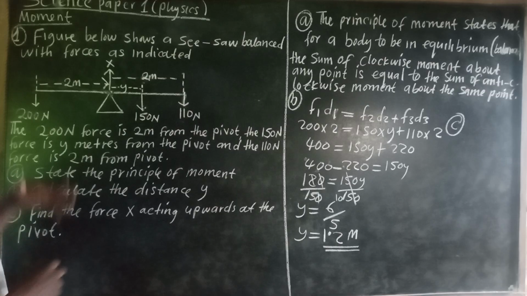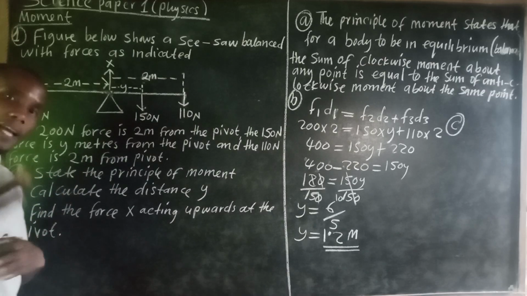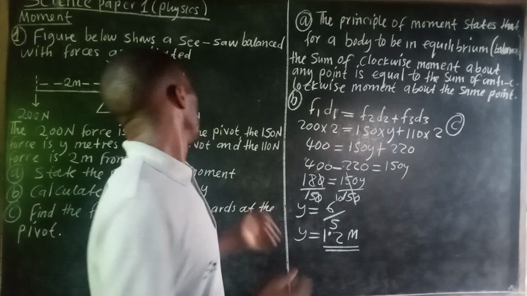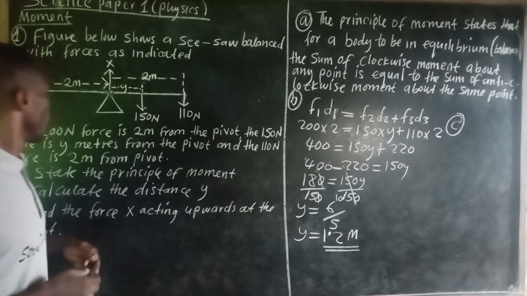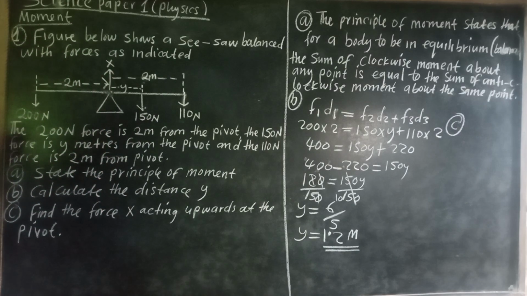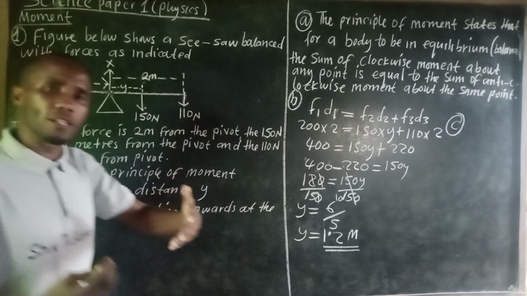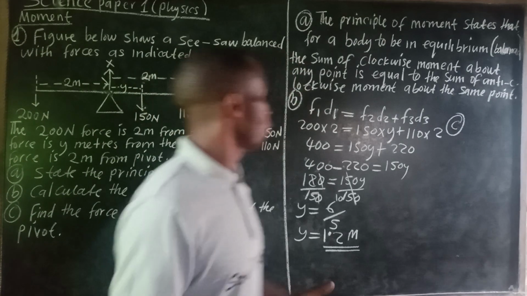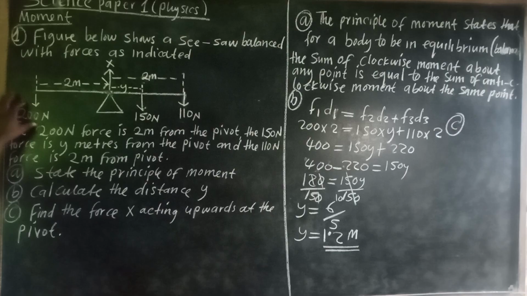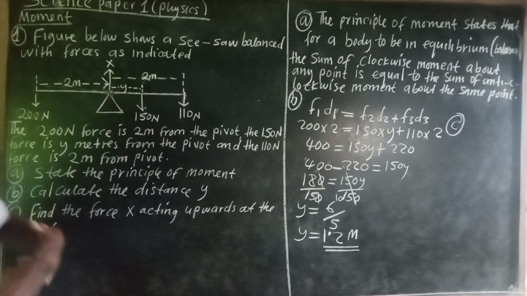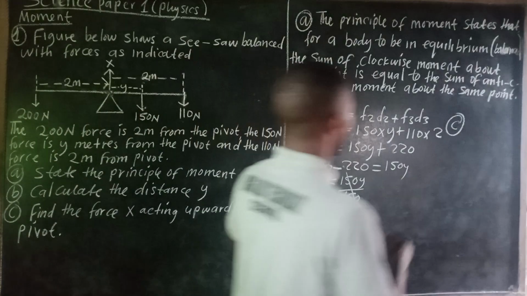Whatever force is there, when you multiply 0 times any force, you still get 0. Since the seesaw is balanced, the force acting upward is equal to the force acting downward. So we are going to find the force acting downward.